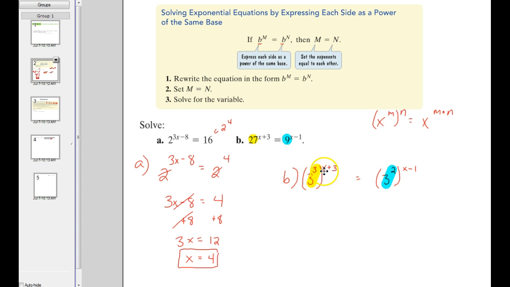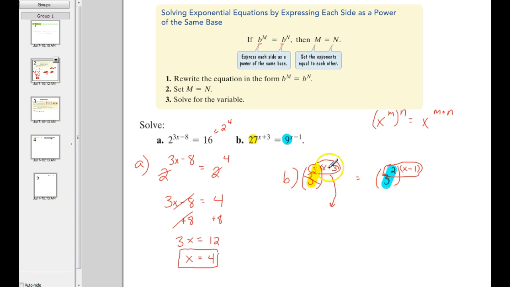Now, same base, so once again, I can get rid of the 3's as the bases, and I end up with 3 times x minus 3. I'm going to have to put parentheses in here. But that gets to come down here, and then 2 times x minus 1. Once again, I need parentheses around this old original exponent.